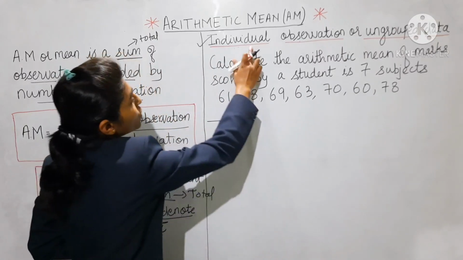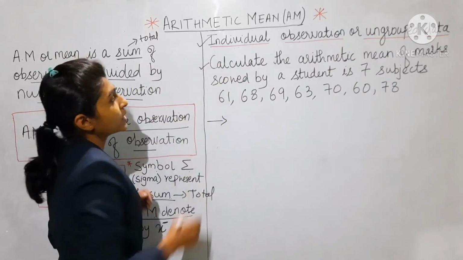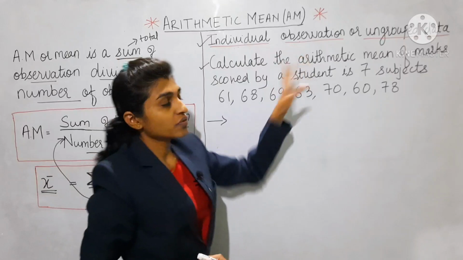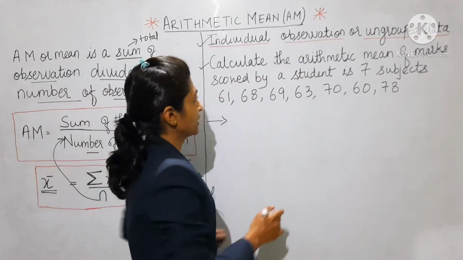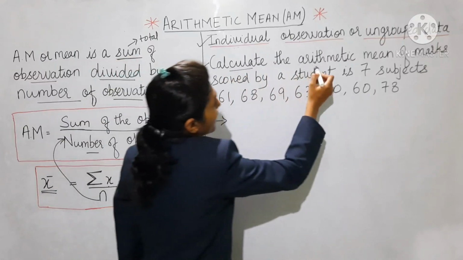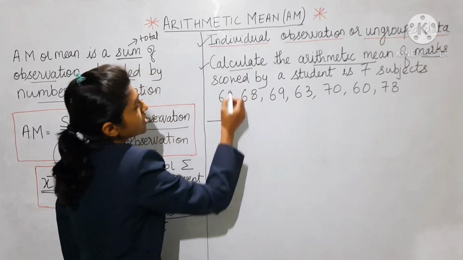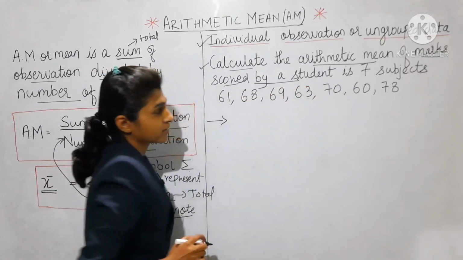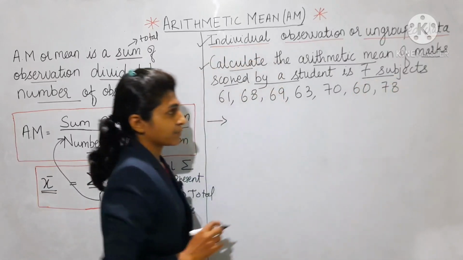Now there is an example of individual observation or ungrouped data. Calculate the arithmetic mean of marks scored by a student in 7 subjects.